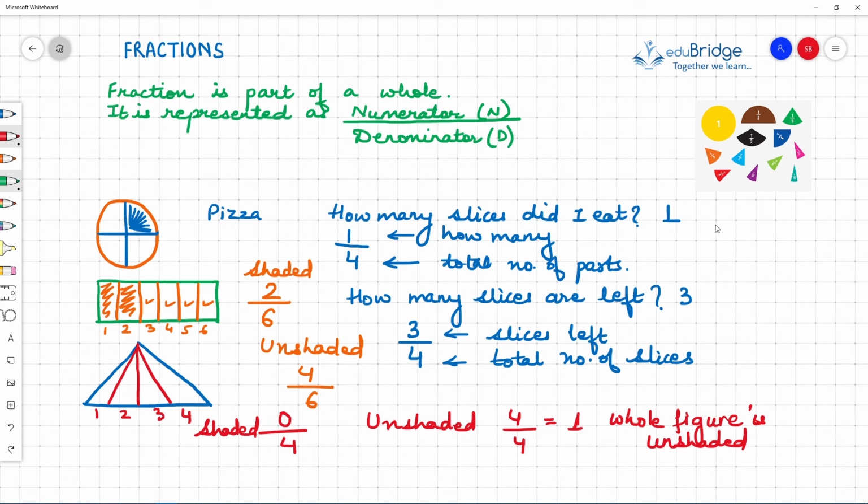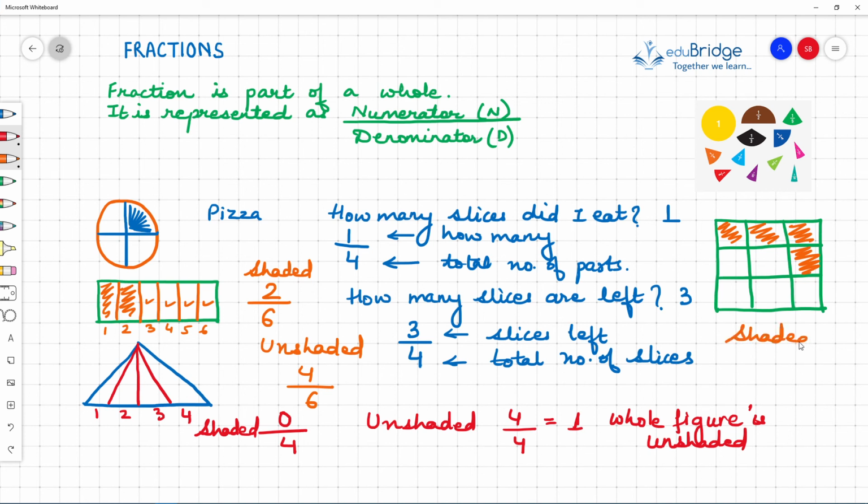So let's say we have a square and I'm going to divide it into these many parts. And 1, 2, 3, 4 parts are shaded. So you have to find out how many parts are shaded and how many parts are unshaded.